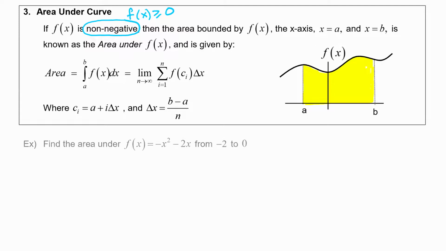Now in this example, we have to find the area under f of x equals negative x squared minus 2x from negative 2 to 0. We recognize that this is a parabola that opens downward. We can factor it, pull out a negative x, and then we would have x plus 2. So that makes it pretty quick to graph.